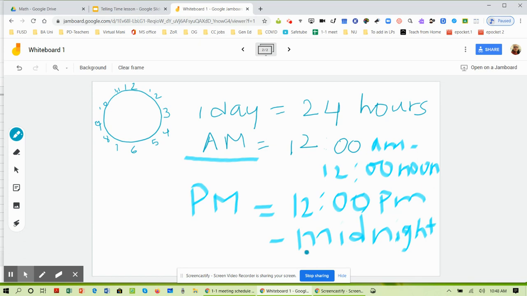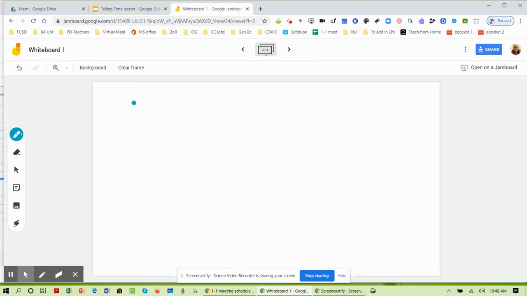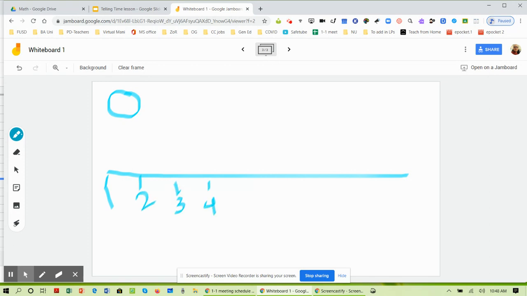How do we figure this out? Let's say you take the analog clock that you have, and you lay out the numbers like this: 1, 2, 3, 4, 5, 6, 7, 8, 9, 10, 11, and then 12, right?